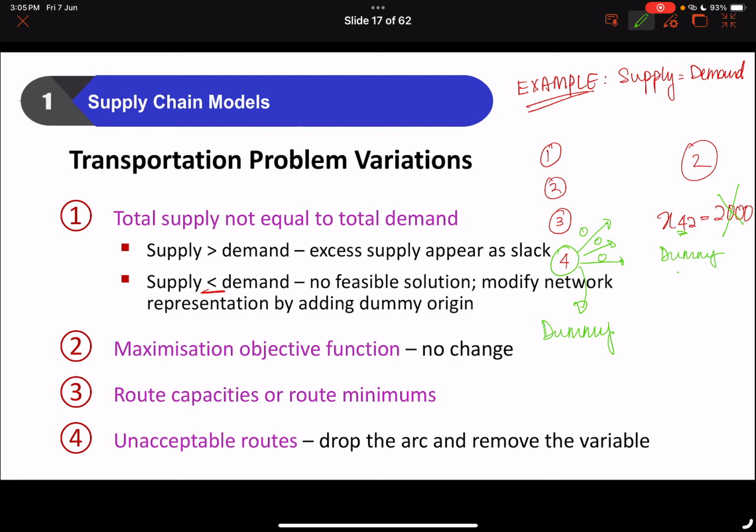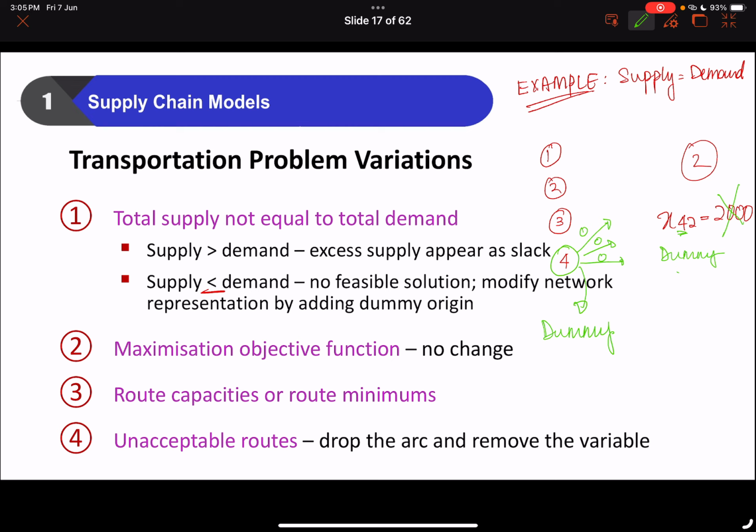The third one: the linear programming formulation of the transportation problem can also accommodate capacities or minimum quantities for one or more of the routes.